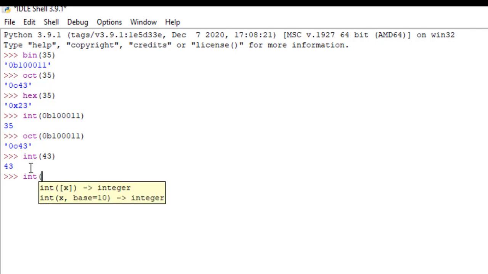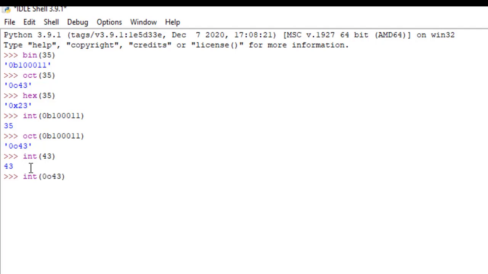Let me again do that. 0o43. So this represents your octal number. I should get 35. And now let's convert 0x23. So the equivalent should be again 35.